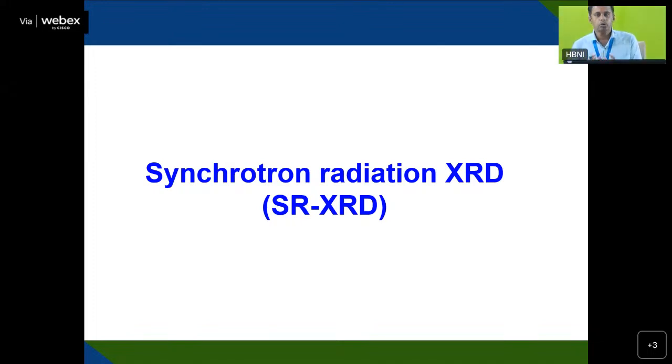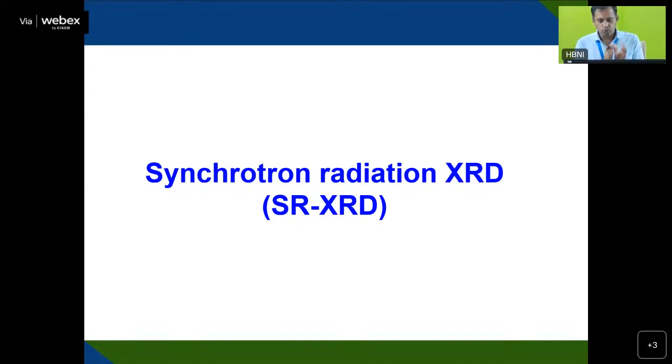film XRD. In thin film XRD, single crystal, and powder X-ray, the X-ray source is mostly a tungsten filament, where electrons are produced by thermionic emission and fall on the target, and then you get the X-ray, copper K alpha or others.